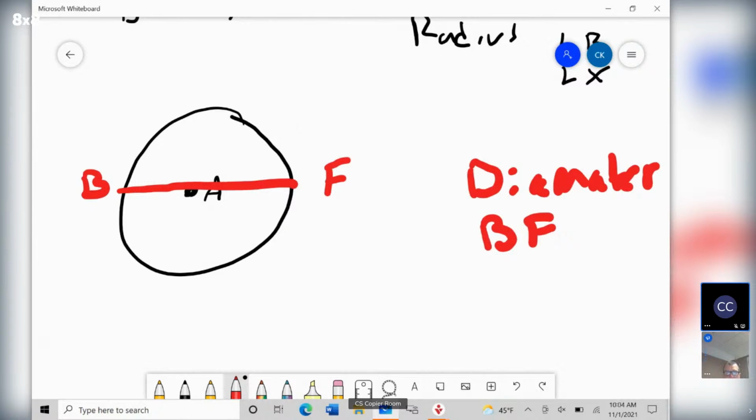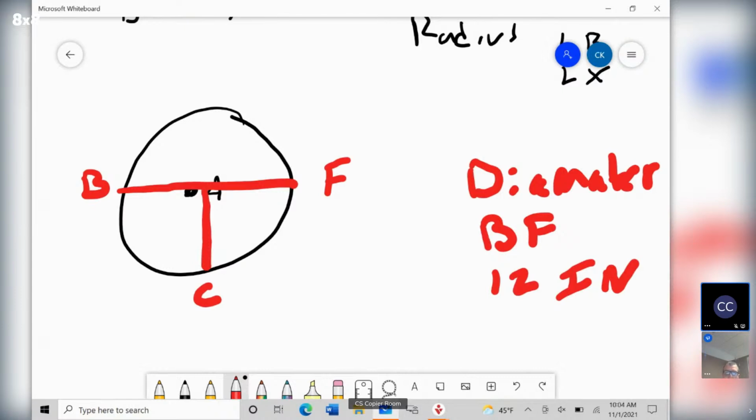Now, let's say the length of the diameter is 12 inches. And then we have a radius, we'll say C.